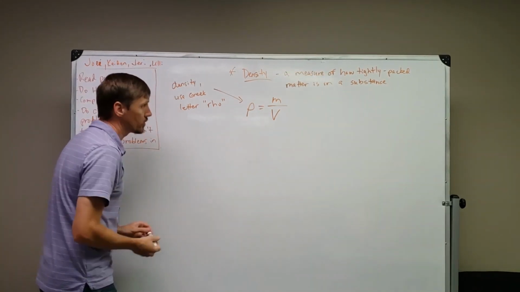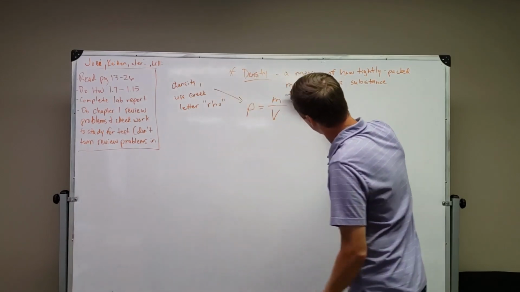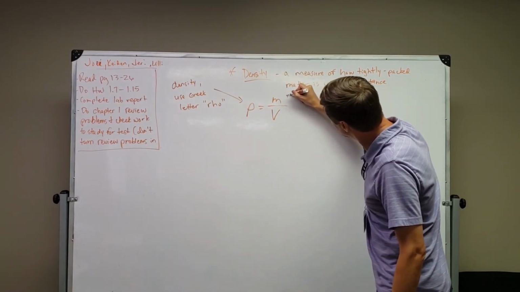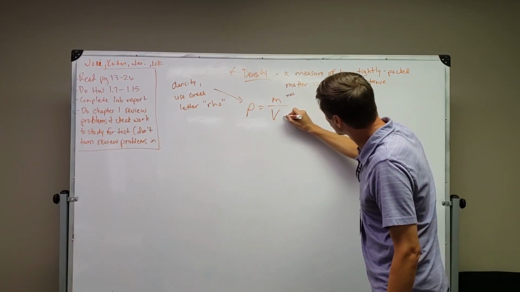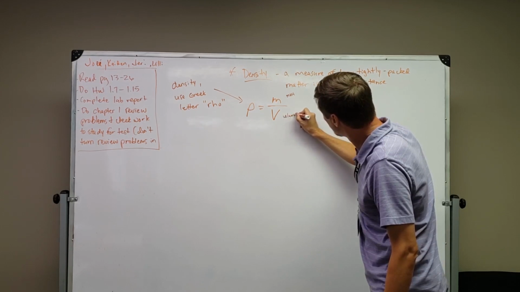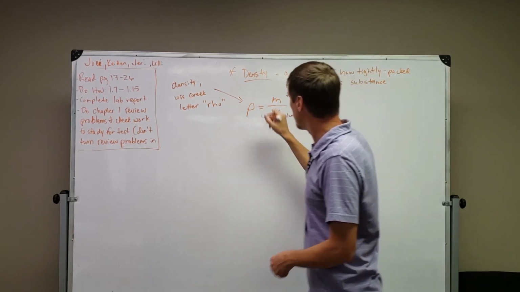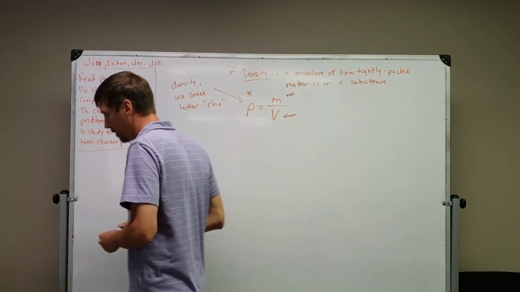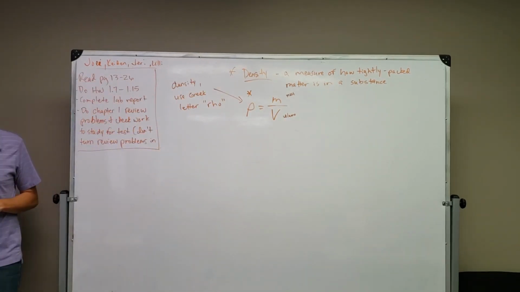Density is equal to mass. Mass is this one on top, and volume is this one on bottom. Make sure you know that formula. Memorize that. That'll be on your quiz next week, and it'll be on the test, so make sure you know that.